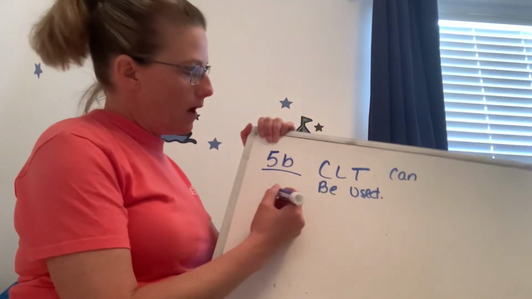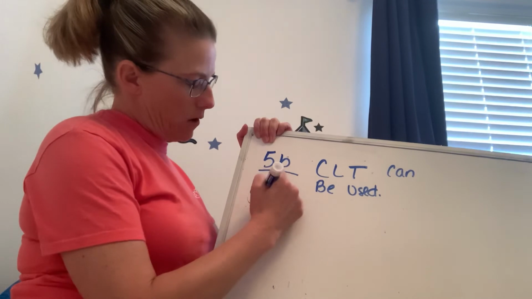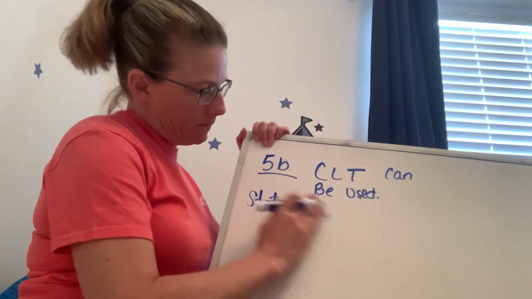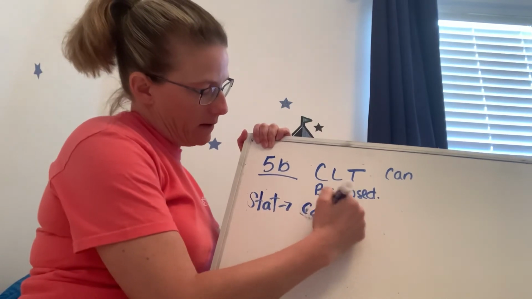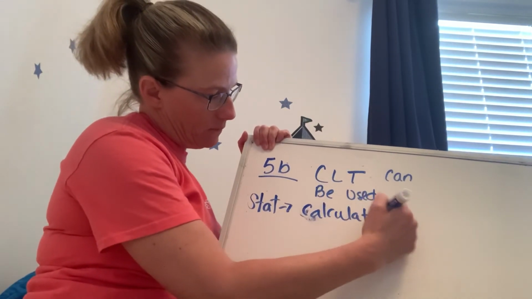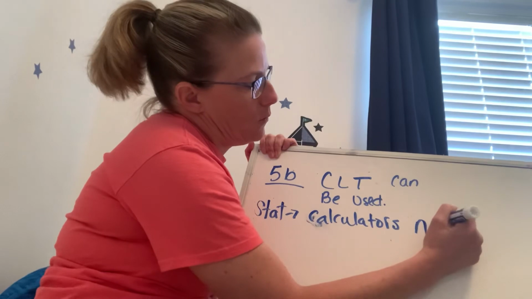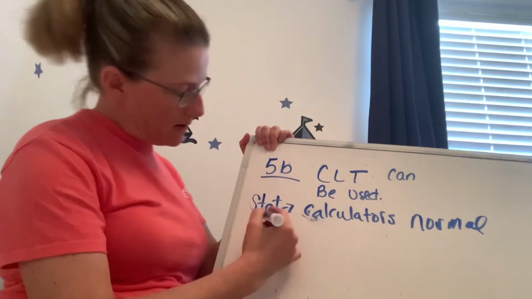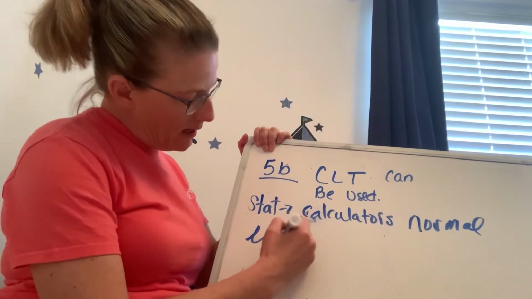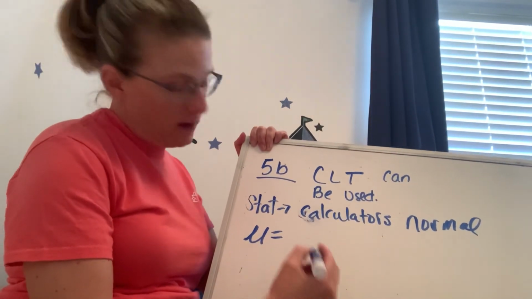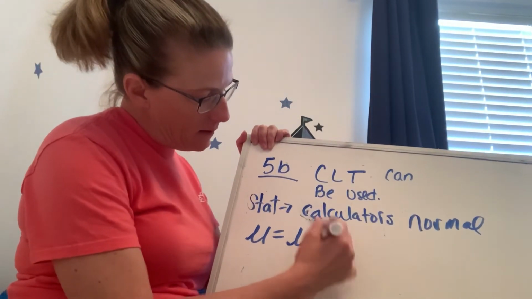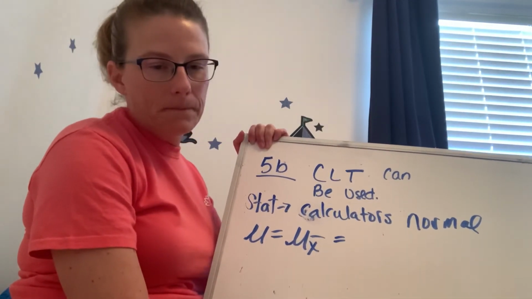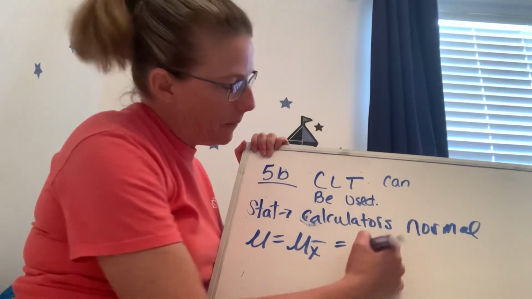Okay, so we still work with our StatCrunch calculators, normal, right? But the mean of the population is also going to be the mean of all the sample means, which was given as 74 beats per minute.